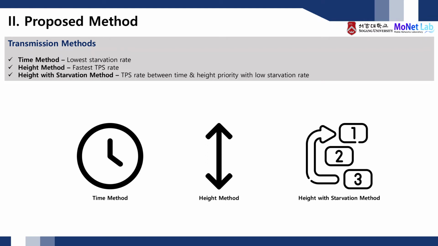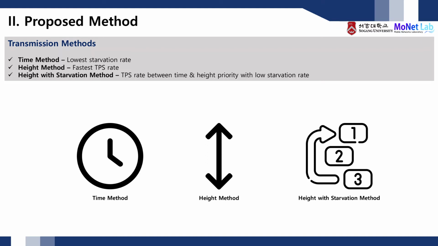The next is the height method, where another priority factor is considered in between. After transmission priority of the root level is considered, the second priority would be transactions with the highest tree levels linked together. In other words, the biggest height value. For example, 3 transactions with the same key would form a dependency graph of maximum 3 levels in height.